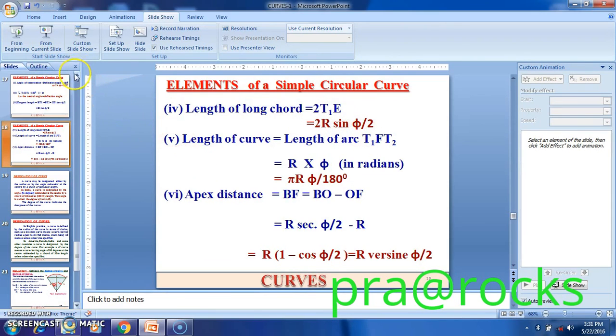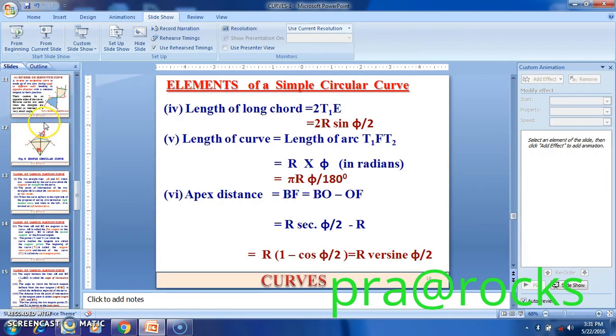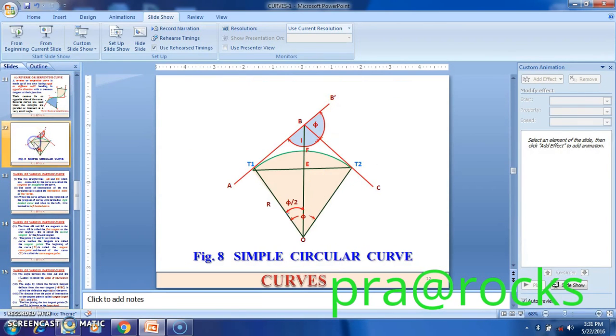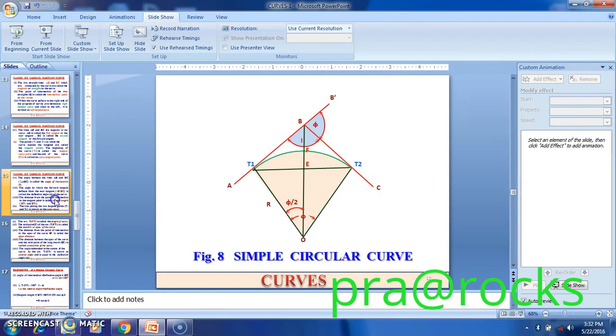We can see it from the figure: this distance T1T2 equals 2 times T1E, and this distance T1E is R sin phi by 2. So the total length T1T2 is 2R sin phi by 2.